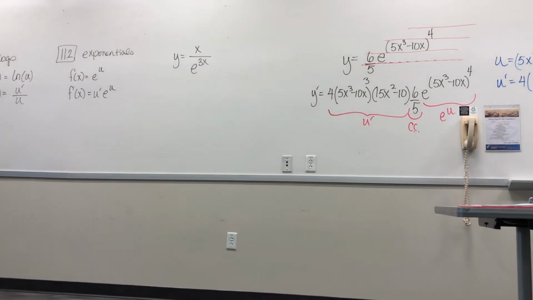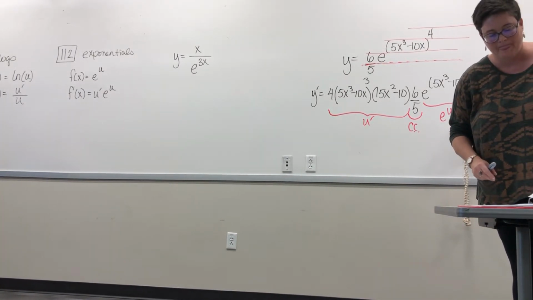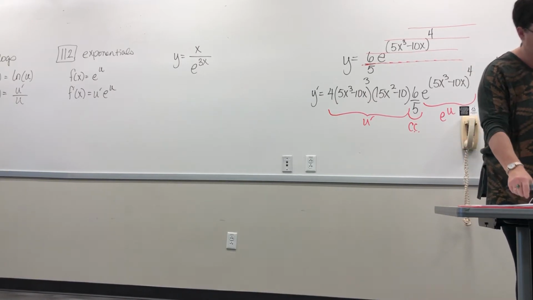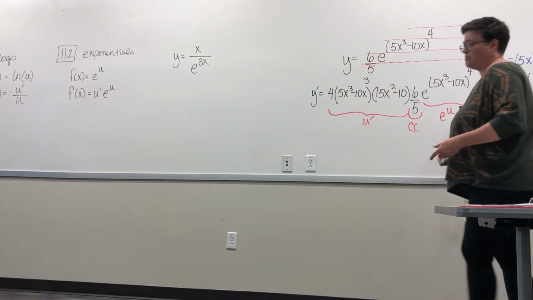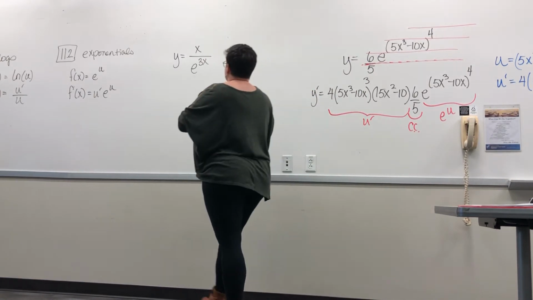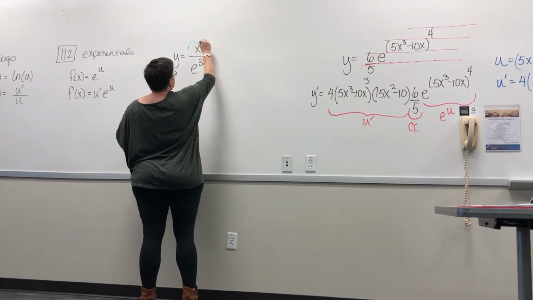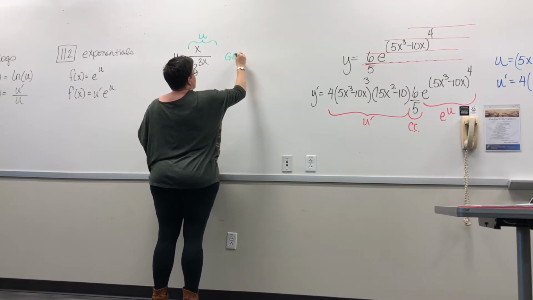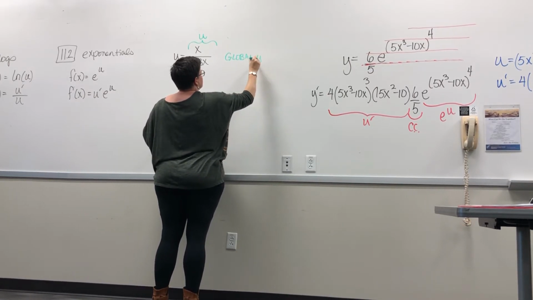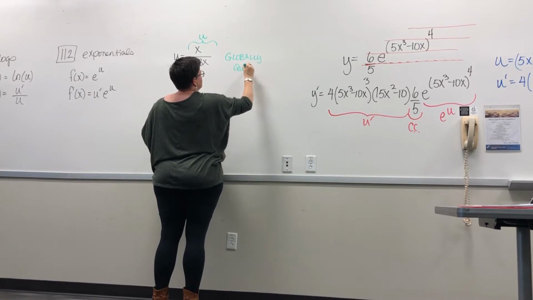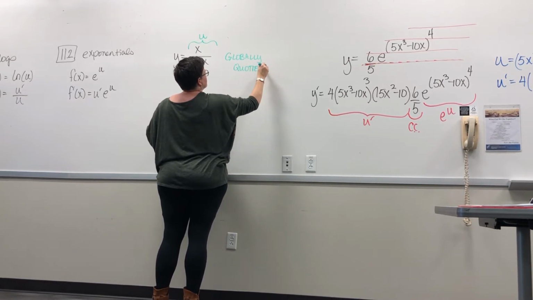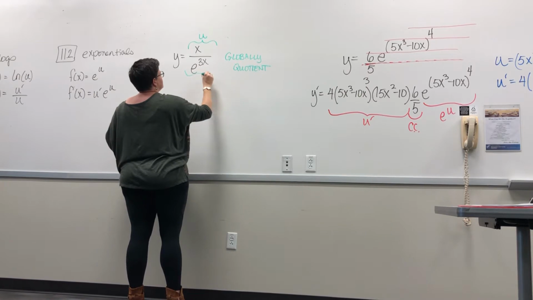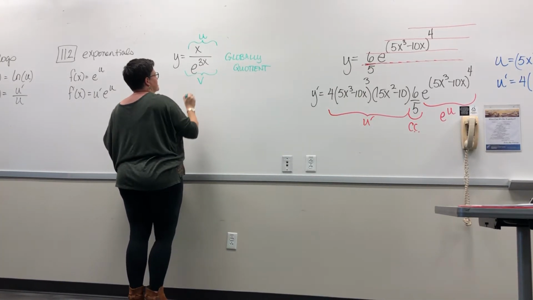Globally, what is this? Yeah, it's a quotient. So we're gonna use u prime v minus u v prime over v squared. So what's my u? Yeah, so globally it's a quotient. And my v is my denominator.